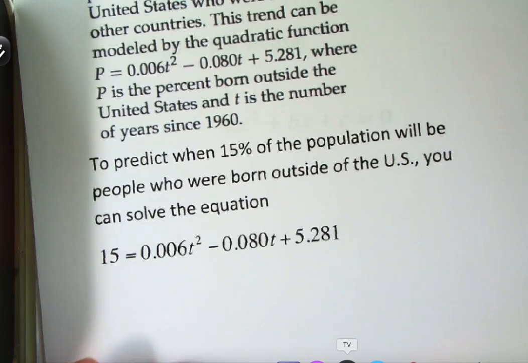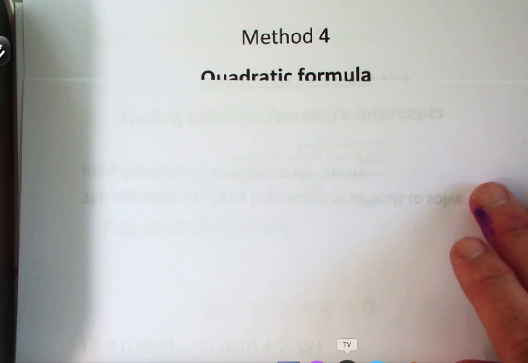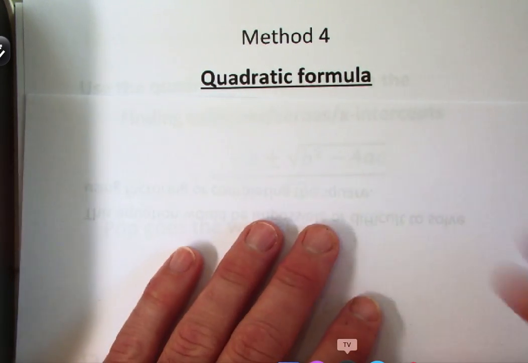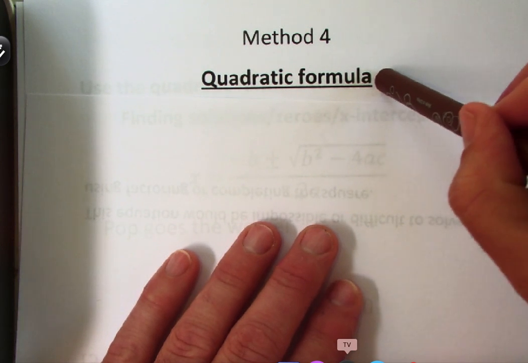So mathematicians a long time ago figured out that there was a formula to use to find the answer to these questions. This is method 4, something called the quadratic formula.